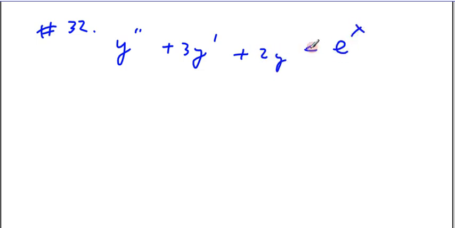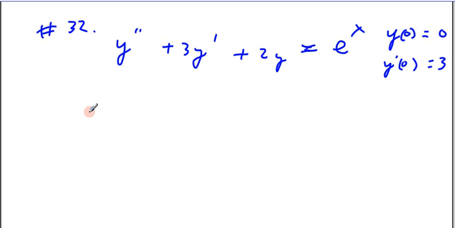Number 32, y double prime plus 3y prime plus 2y is equal to e to the x. Well, that's a stupid looking equal sign. Okay, and we have initial conditions. y of 0 is 0. y prime at 0 is 3.